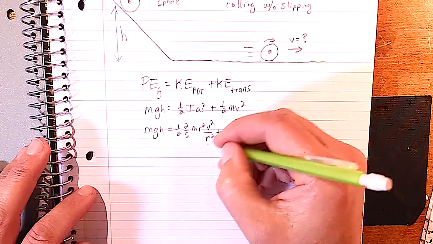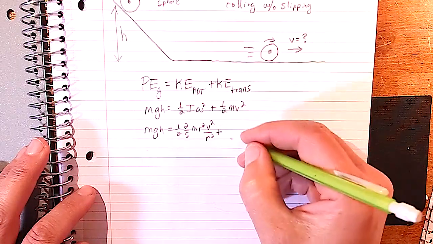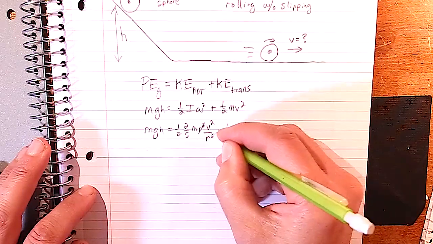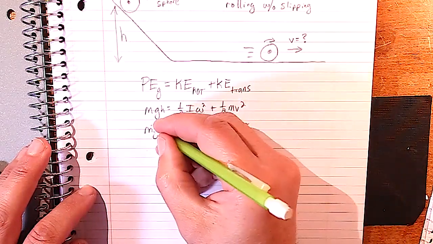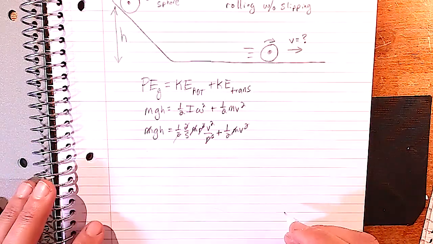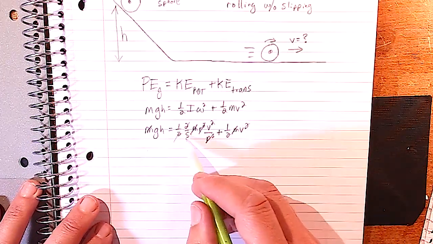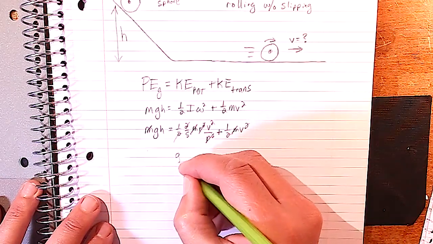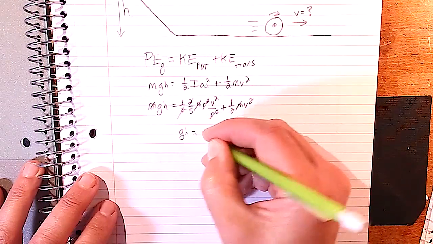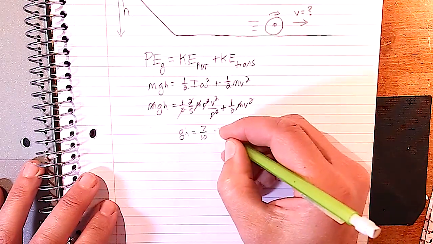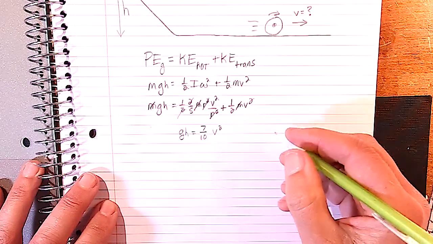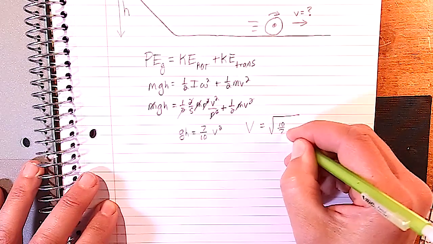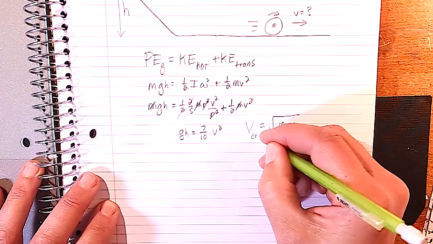Plus, and by the way, I should mention this, that's only when it's rolling without slipping, plus 1/2 mv squared. Our r squareds cancel, our 2's cancel, our m's cancel, and we're going to add 1/5 and 1/2. And when you do that, you get gh equals 7/10 v squared, or we can rewrite that as v equals the square root of 10/7 gh, and that's the velocity of the center of mass.